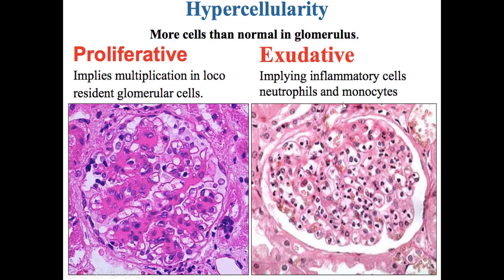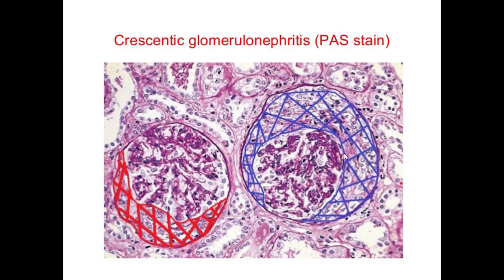And for this exudative type, one of the most common causes is post-infectious glomerulonephritis, post-streptococcal glomerulonephritis. This is a severe form of proliferation. Proliferation of the Bowman's space epithelium cells is called crescentic glomerulonephritis. And this crescentic glomerulonephritis is a total or great obstruction of the urinary space.